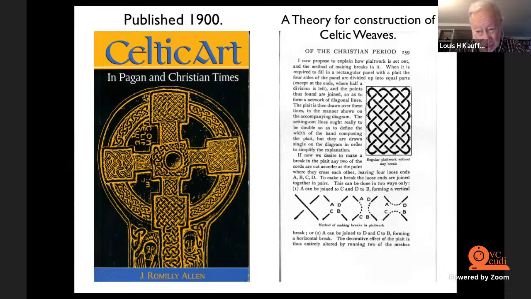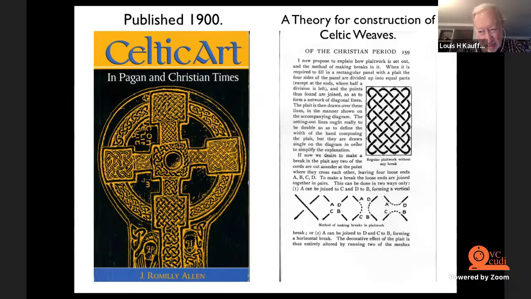You can attach A to D and C to B, or you could attach A to C and B to D, and then you will see that you get some interesting knotting patterns. And by choosing the ways to eliminate the crossings, you get all sorts of knots, and those are one of the ways in which people created the Celtic knot patterns.